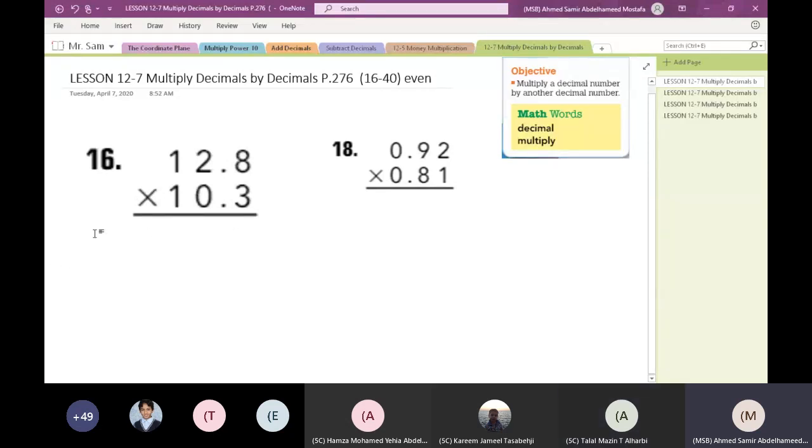First of all, how many decimal places do we have here? We have two decimal places here and one decimal place here. So when we multiply, the decimal places are added to each other. So the decimal point would be after 2 digits.